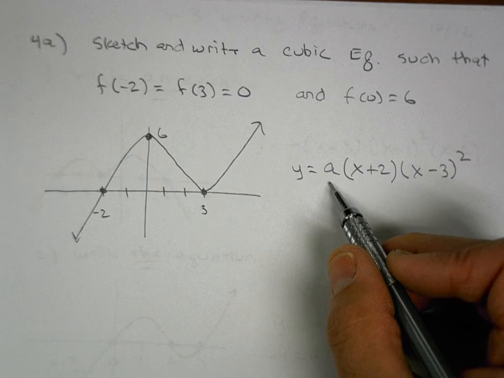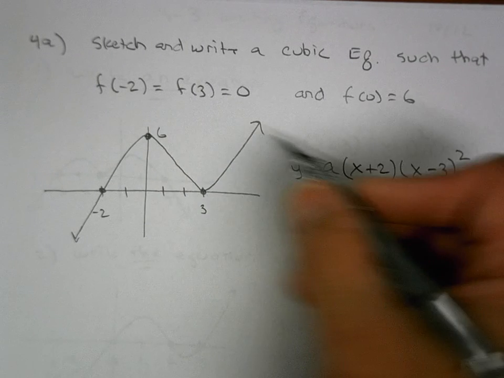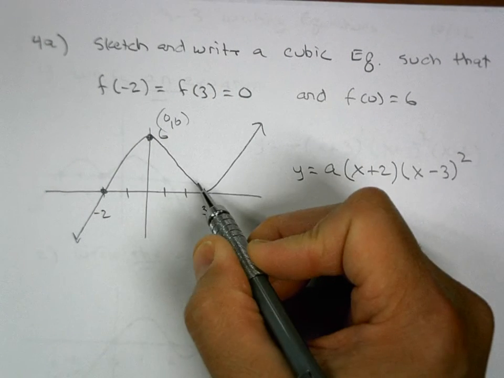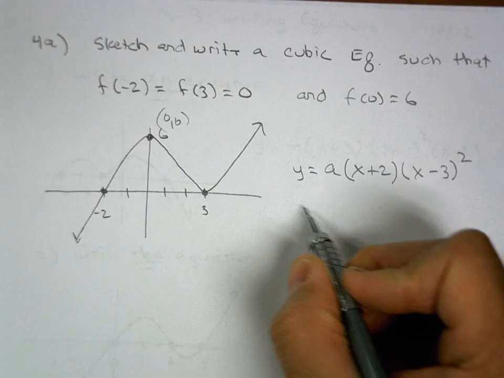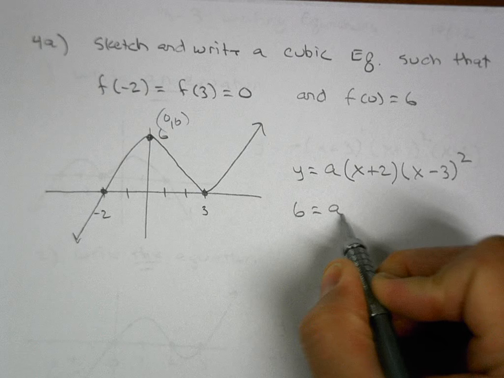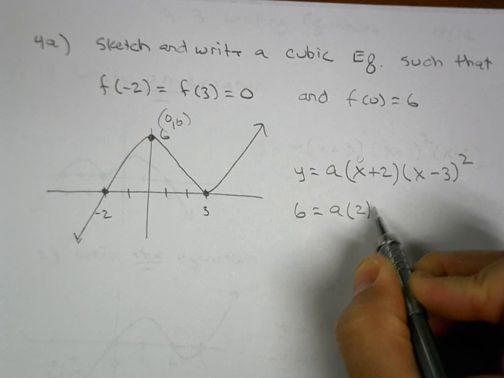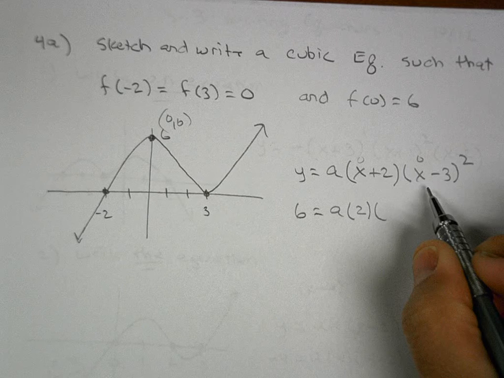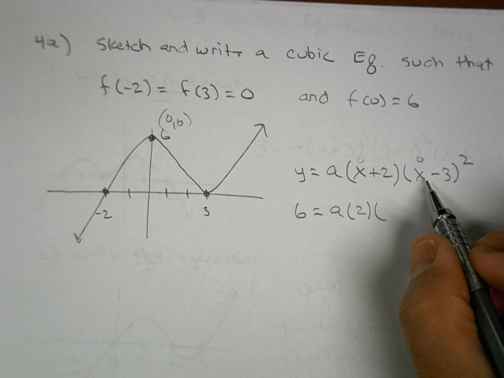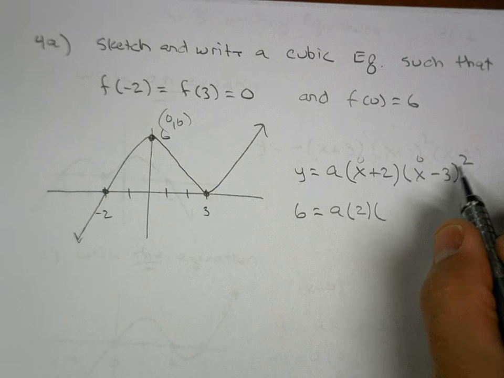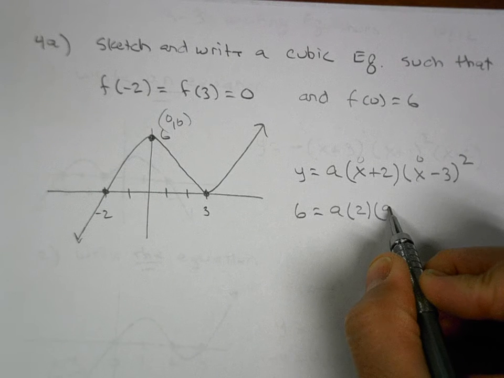Plug in 0, comma 6. There we go. Good. So 6 is your y. So 6 is equal to a times 0 plus 2, so 2, times, plug in 0, so -3 squared is +9, right?